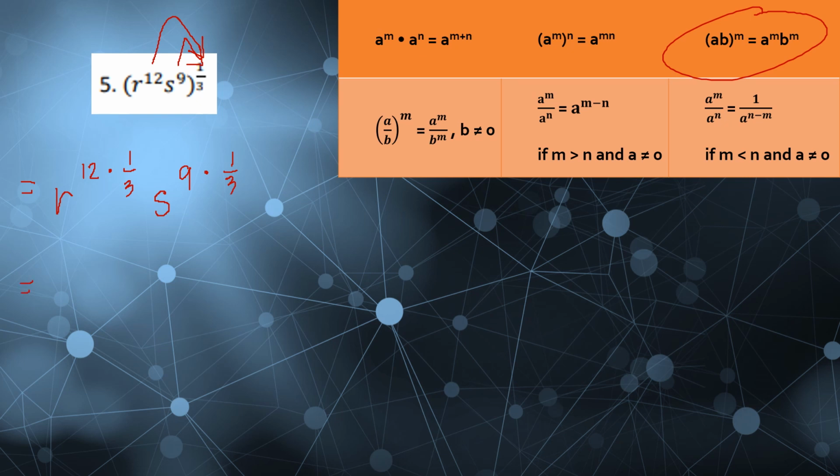So we're going to have r raised to 12 over 3, s raised to 9 over 3. Simplify, we have r raised to 12 over 3 is 4, and for s we have 9 over 3 is 3. So for our final answer, we have r raised to the 4th power, s raised to the 3rd power.